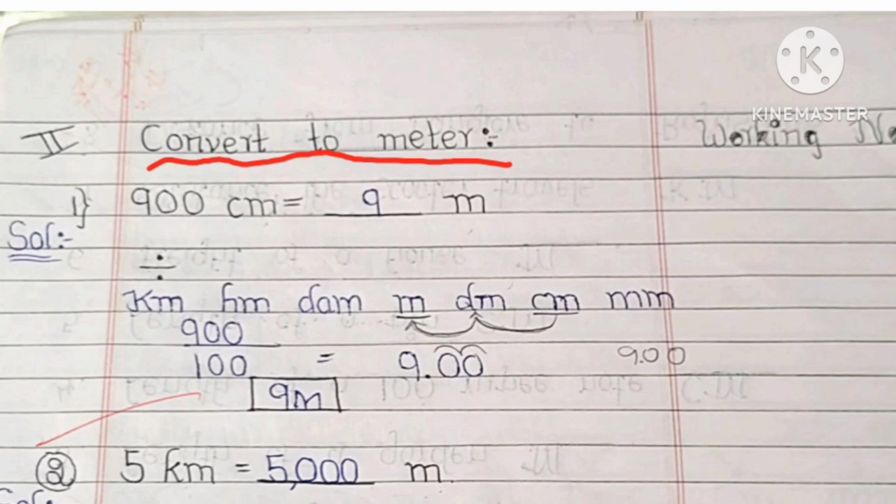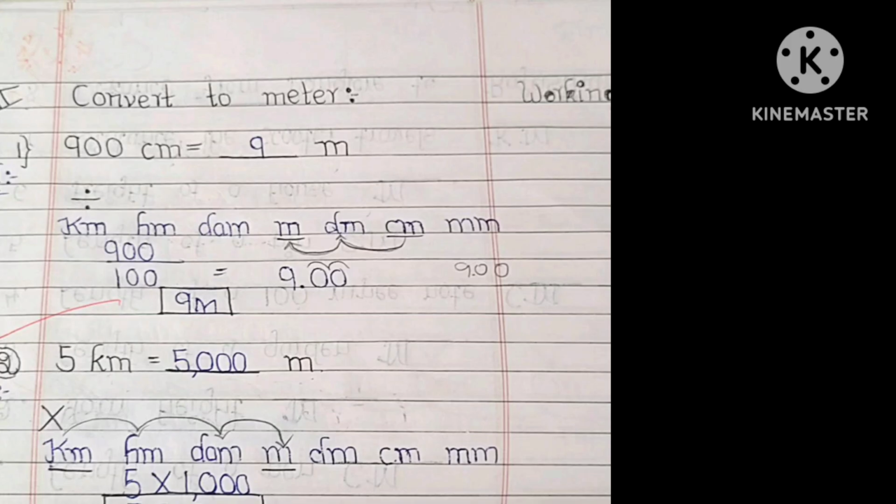First, we need to write the conversion chart, that is kilometer, hectometer, decameter, meter, decimeter, centimeter, millimeter. After writing the conversion chart, then in the question, which units are there? Centimeter and meter. Those we have to mark in the chart.